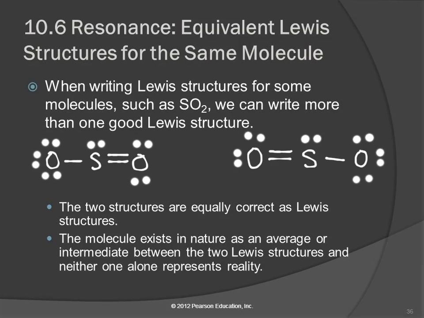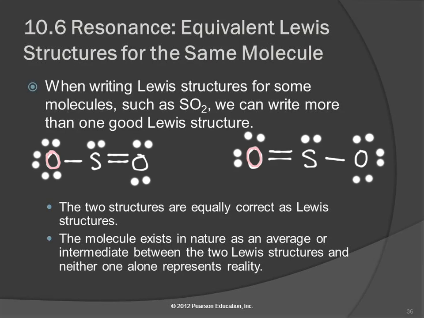Now, are these Lewis structures the same? Not quite, right? They both involve a double bond between sulfur and an oxygen, but if we identify the oxygens, let's make this guy a little different color. This is a pink oxygen on the left.